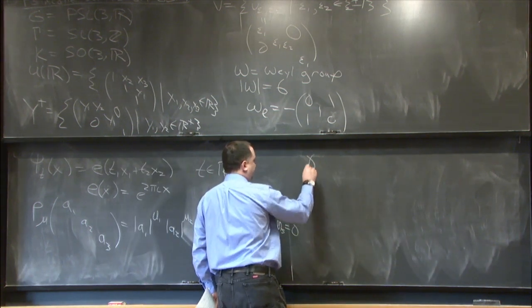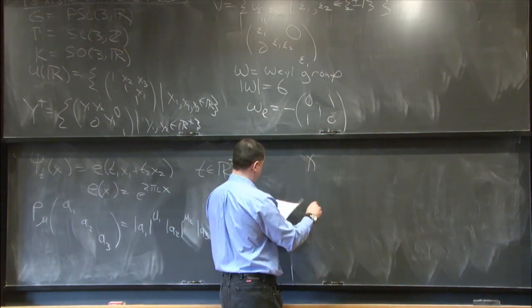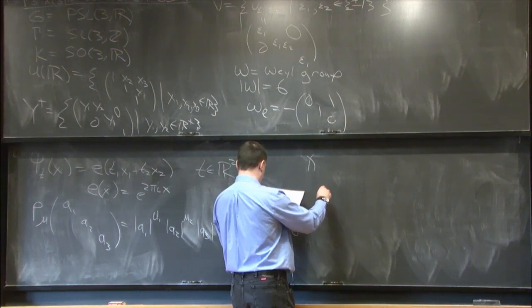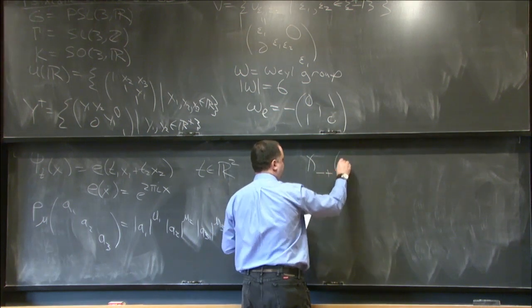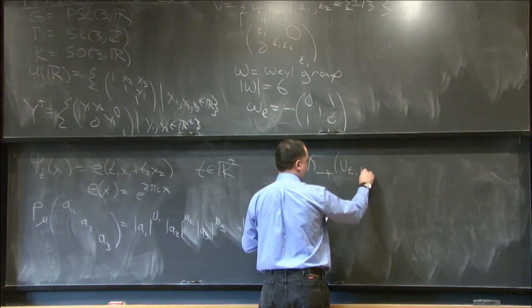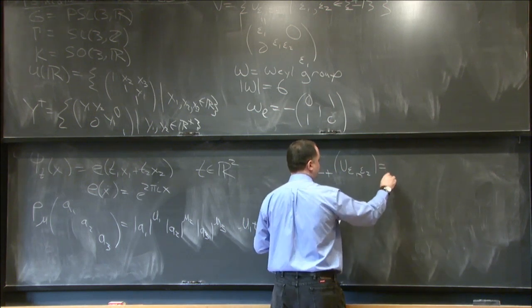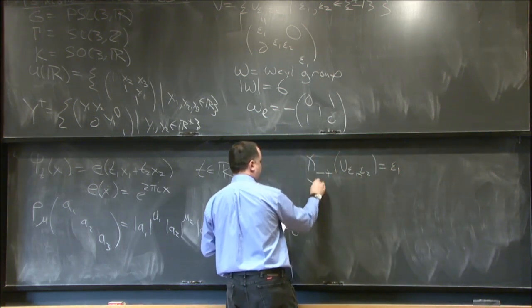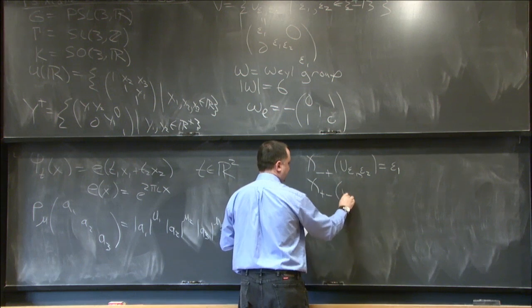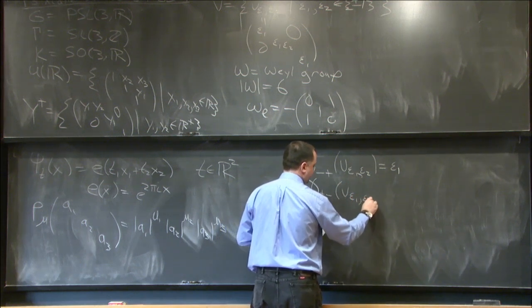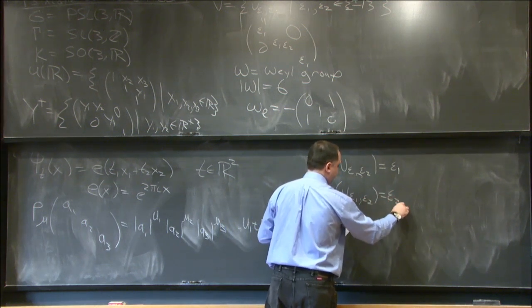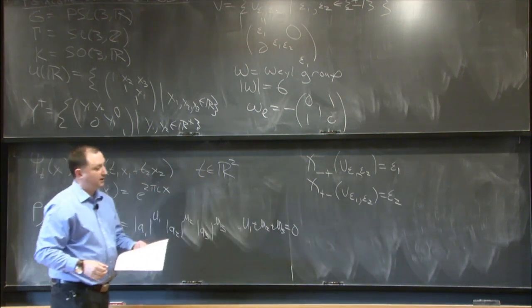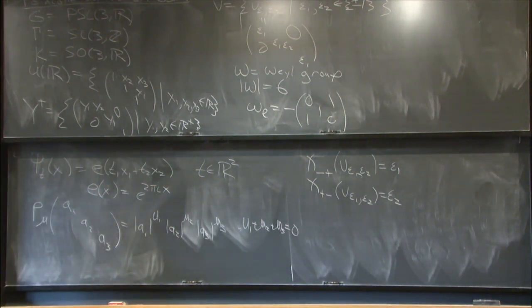I want to call this chi minus plus of V epsilon 1, epsilon 2 is epsilon 1, and chi plus minus of V epsilon 1, epsilon 2 is epsilon 2, and then products of those characters.